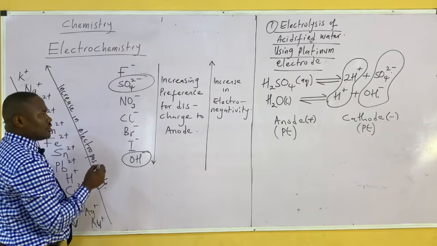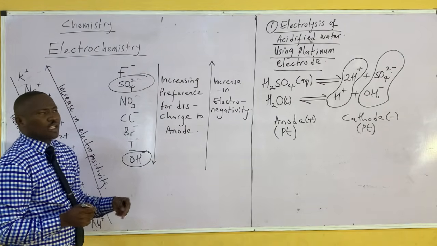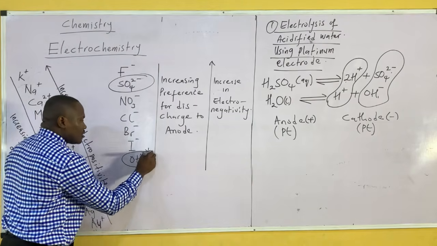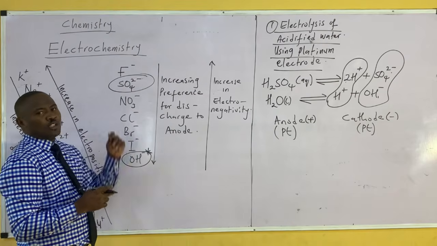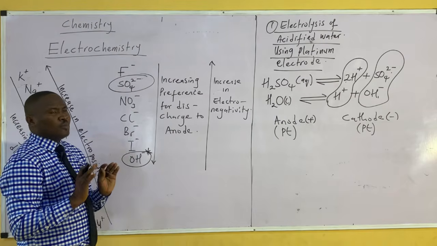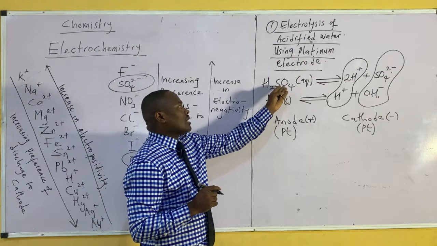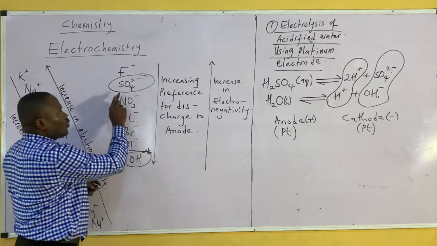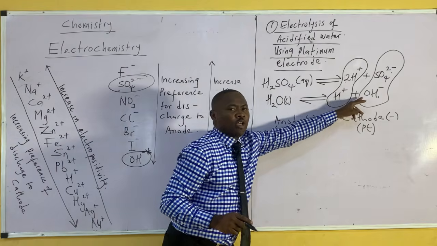Now look at this. Remember we said ions below are preferentially discharged over those above. So it means OH minus has the tendency to be discharged over SO4 2 minus. But please take note, this is an acid, and SO4 is more concentrated than OH minus.